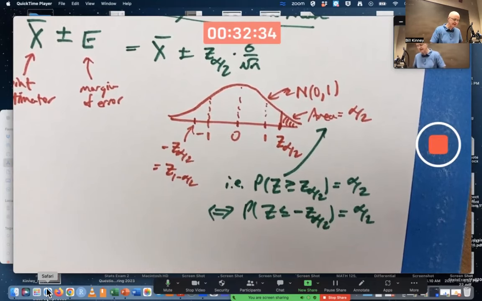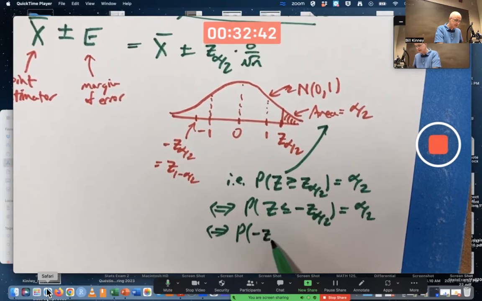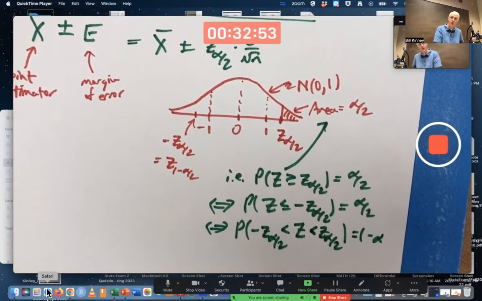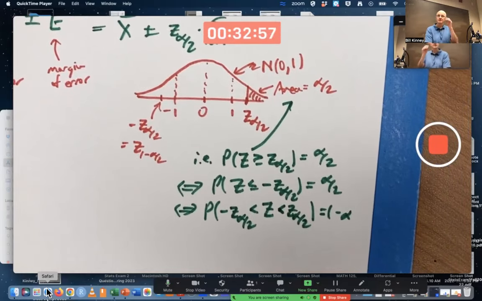And by symmetry, this is equivalent to saying the probability that capital Z is between negative z sub alpha over 2 and positive z sub alpha over 2. That probability is 1 minus alpha for this 100 times 1 minus alpha percent confidence interval.